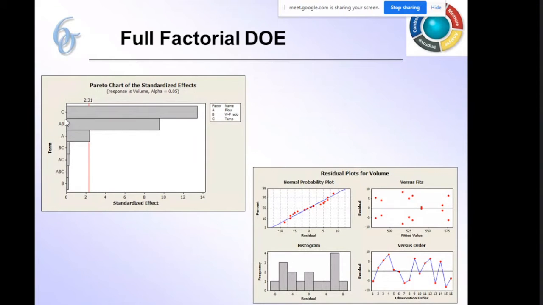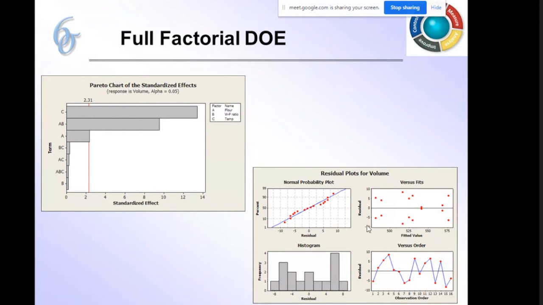From the Pareto, we came to know that the temperature is significant. Also AB, the interaction of the flour and water to flour ratio, is significant, and A, that is flour, is also significant.